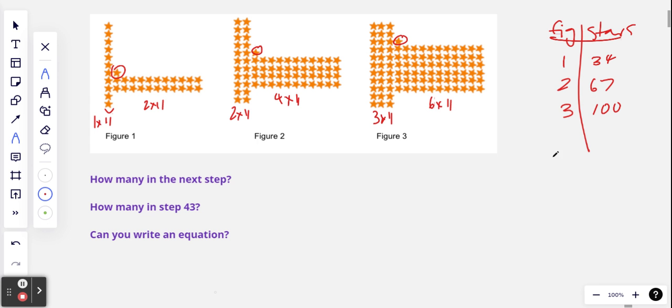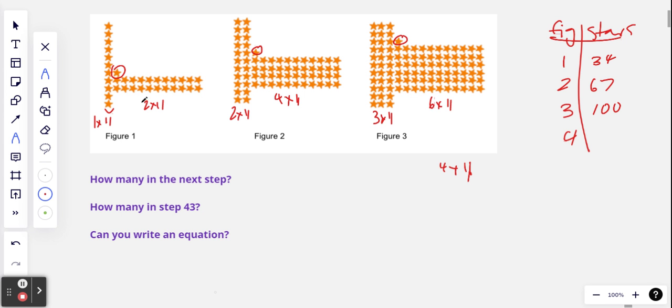Can we predict step 4 now? So the first part will be just 4 times 11, right? Because we're going up by the step number. 1 times 11, 2 times 11, 3 times 11. So for figure 4, we're going to have 4 times 11 for the up and down part. And then, let's see, we went 2, 4, 6.